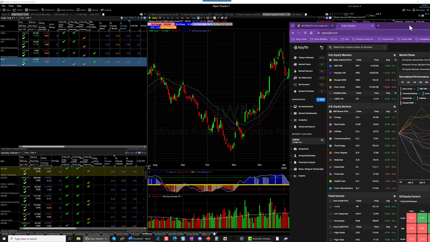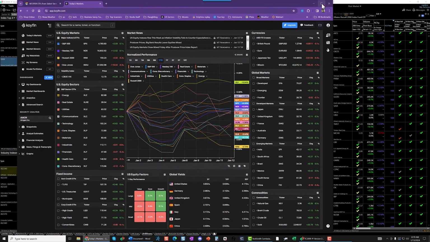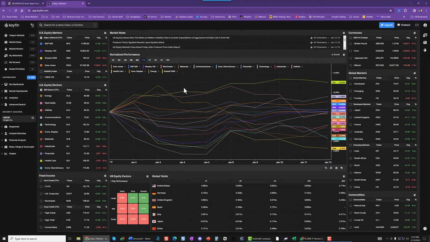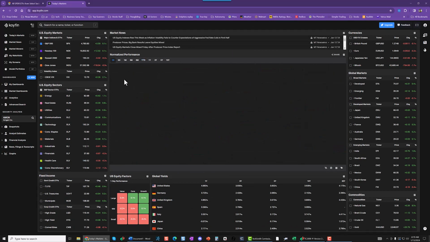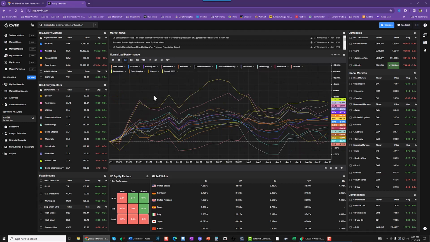If you don't have TC2000, let me just bring this over real quick. This is COIFIN. You can look at COIFIN for, let's say, a month, and you can look at the sectors here and see which sectors are strongest to the weakest. This is free. You don't have to pay for it.